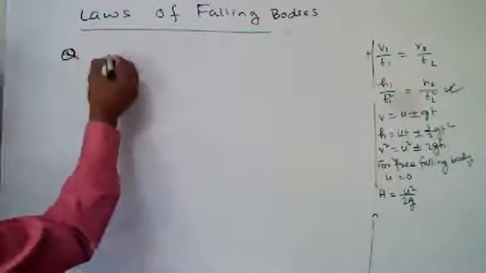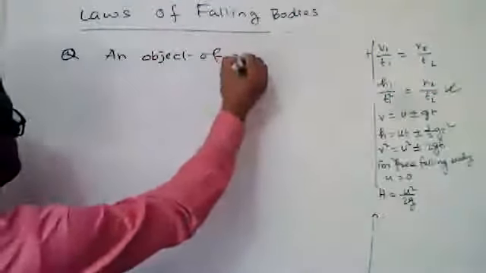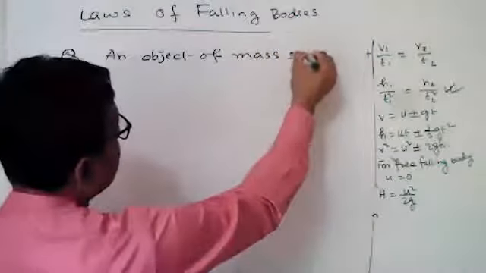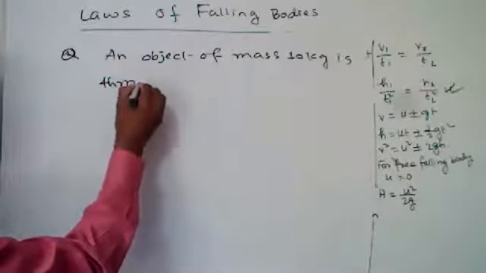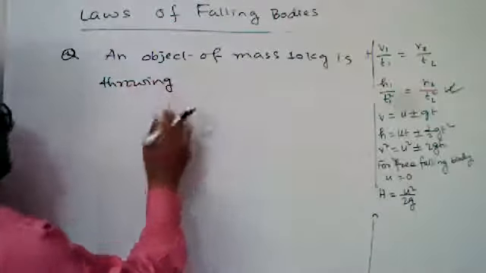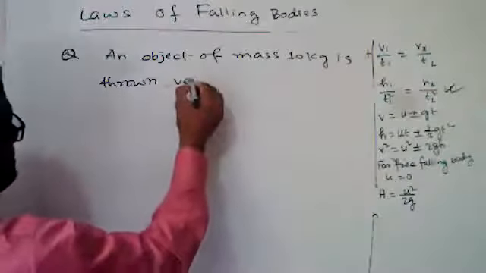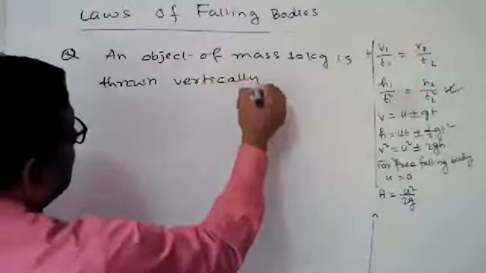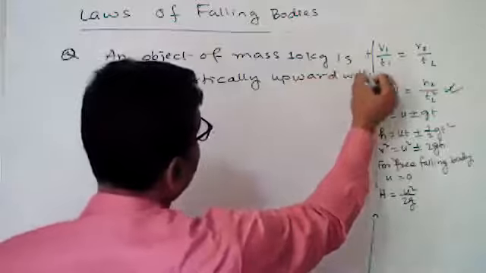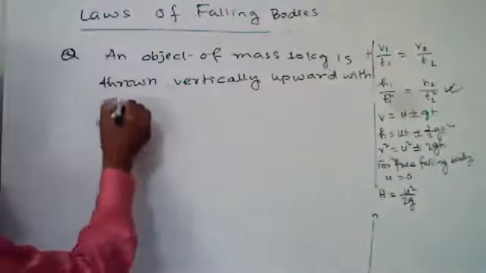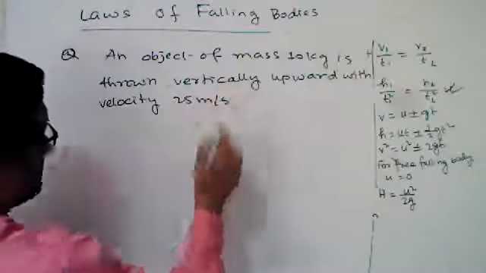Question: an object of mass 10 kilogram is thrown vertically upward with velocity 25 meter per second.